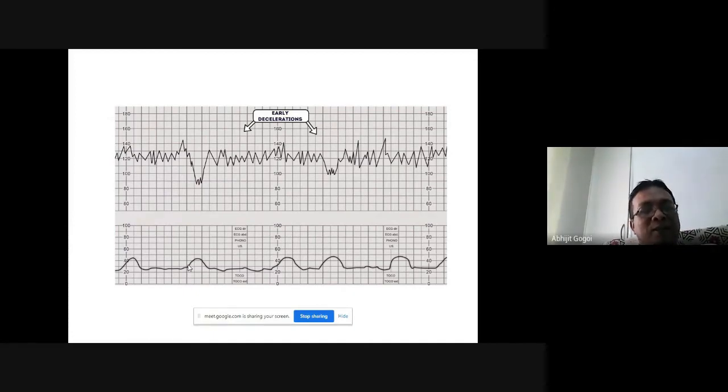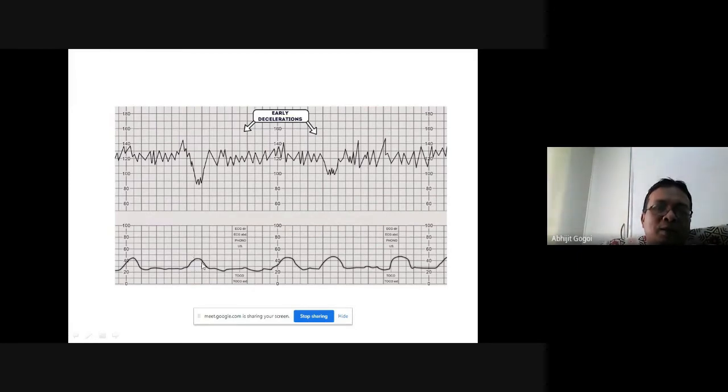The head is literally suffocating. When the head is compressed everywhere by the uterine muscles, what will happen? There will be hypervagal stimulation. When the vagus nerve, which is parasympathetic, is stimulated, the heart rate suddenly goes very low. And this is normal. It shows that the patient is in labor.